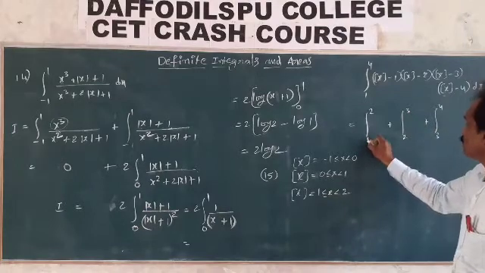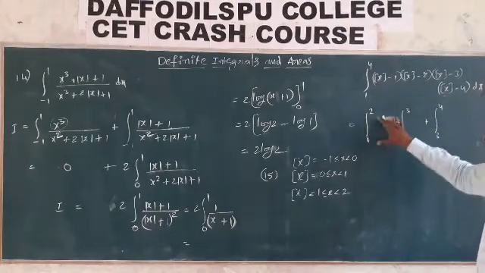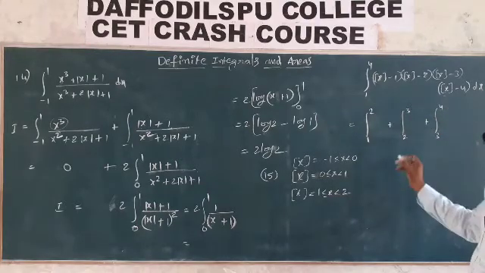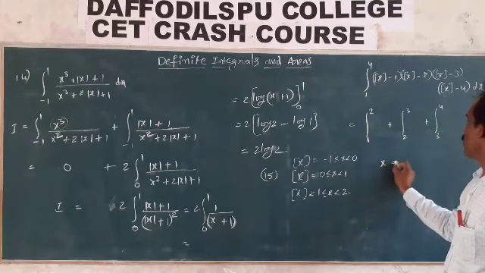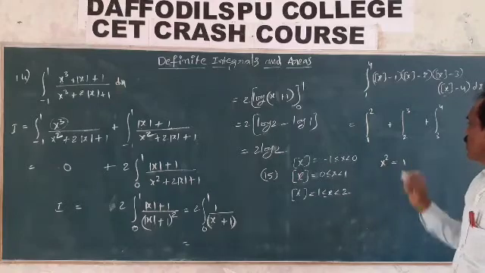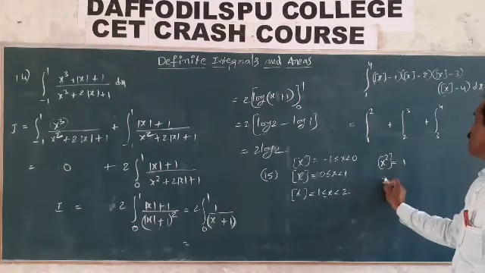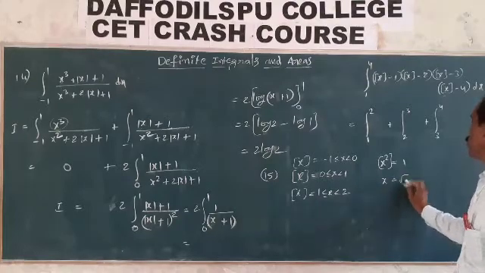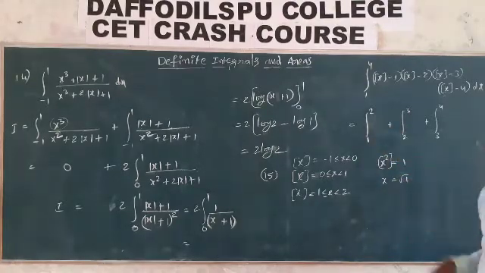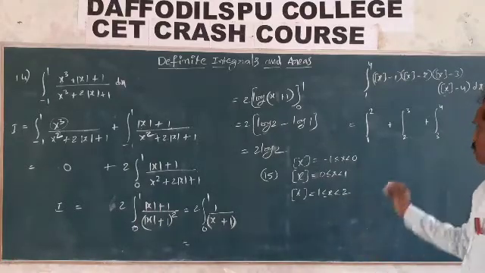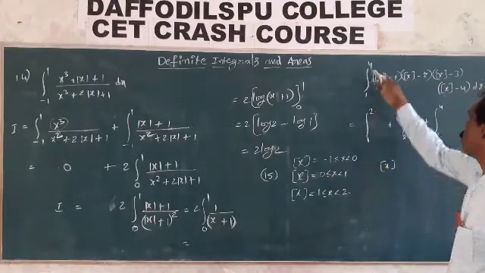Therefore, we split the limits into 1 to 2, 2 to 3, 3 to 4, so that step x has a constant value. How do we split the limits?